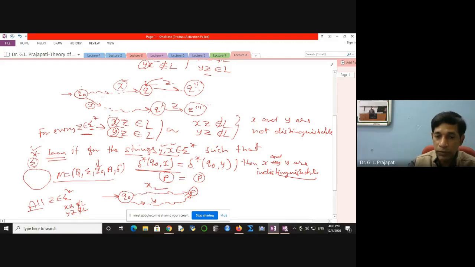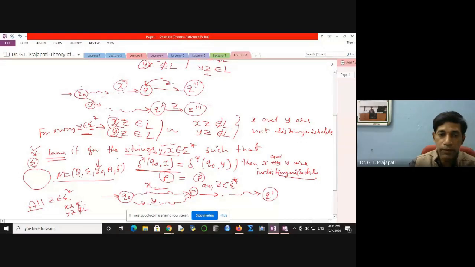Because for both these strings you are going to the state p, and from the state p, if you take any z from sigma star, then your FA goes to some state, say q dash. Now q dash is either a final state or not. If it is the final state, then xz is in the language and yz is also in the language. And if q dash is not a final state, then xz is not in the language and yz is also not in the language.